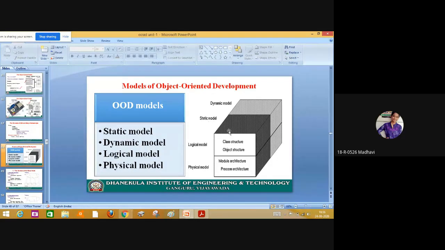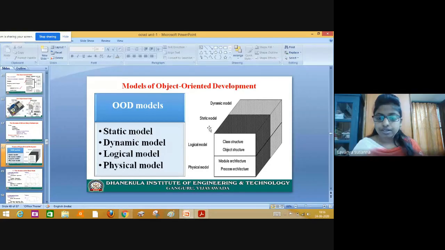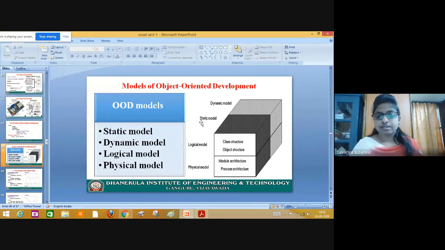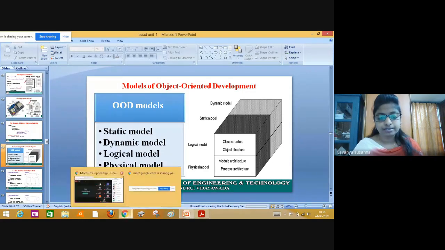It identifies the class structures and object structures and the relationship between classes and relationship between objects. Very good. Okay, next number.